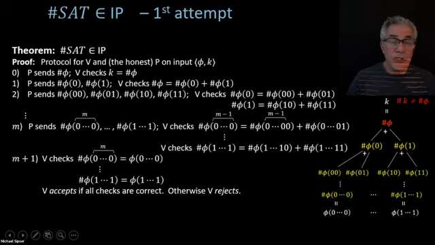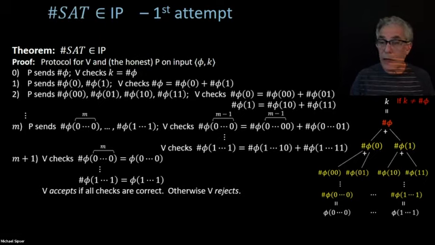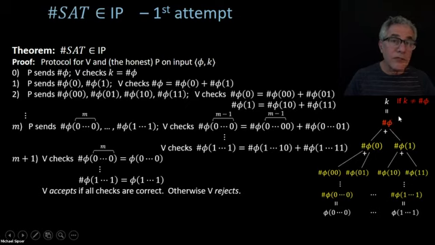Well, if the prover is going to lie here, then just like if you have a child who tells a lie, and then you, as the parent, start asking questions to see if the story is consistent, one lie is going to lead to another lie. And that's what happens here. In order to justify this lie, the prover is going to have to lie in one, or perhaps both, but at least one of these 2 values, because you can't have the 2 correct values adding up to the incorrect value.